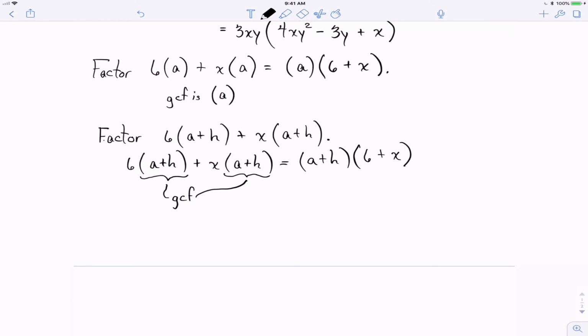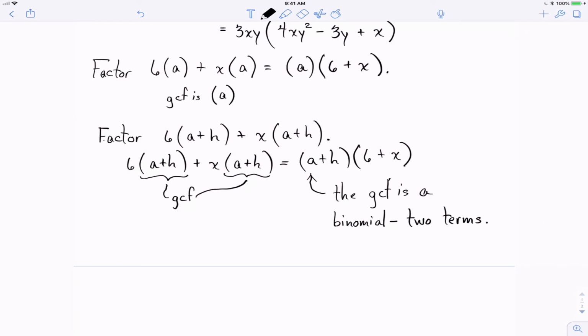And we say that the greatest common factor is a binomial. And a binomial just means 2 terms. Bi for 2, like bicycle.